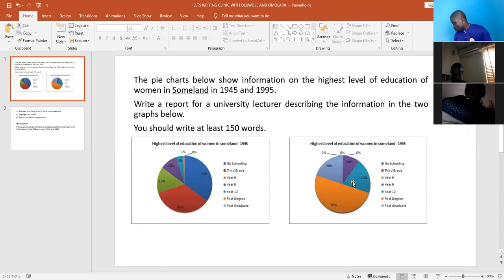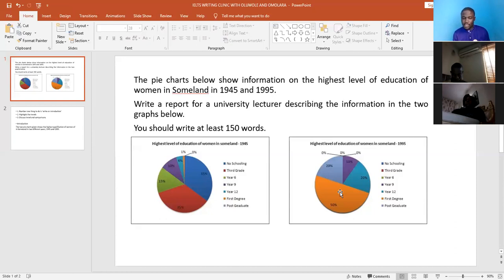So you need to possibly jot something down about it. The lowest was 1%, which was first degree, and by 1995, it had 50%.